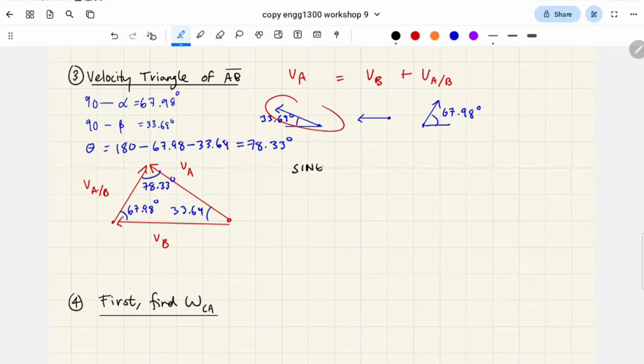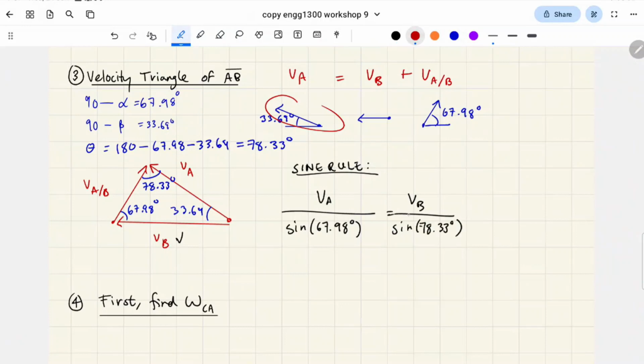And so if we apply our sine rule, because we know all these angles now, and we know we were given B, so we know that one. So we can use our sine rule to get both VA and VA relative to B. So VB was 0.25, right?